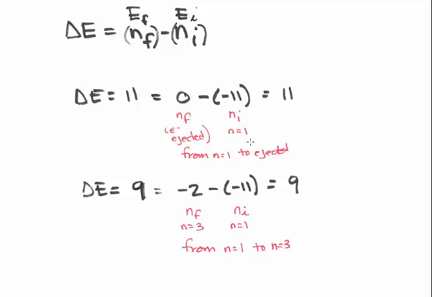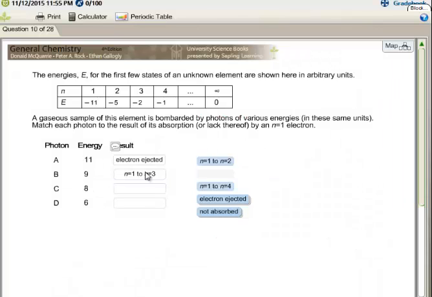And if you remember, the energy of an electron being ejected when our n level is infinity is 0. And we know that 0 minus -11 is 11. So photon A has the exact energy required to eject this electron. So I'm going to match that to photon A.